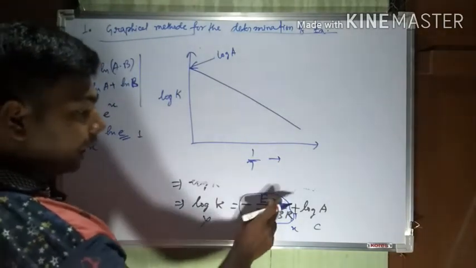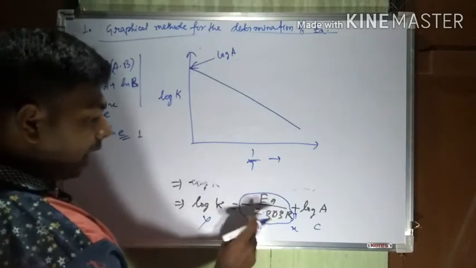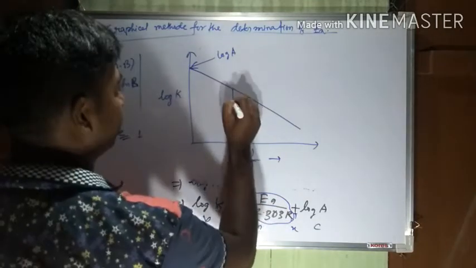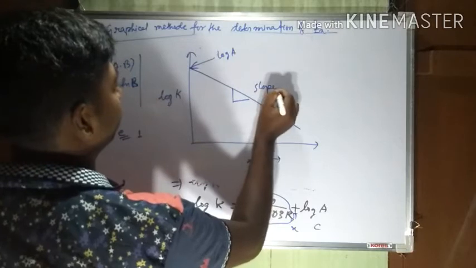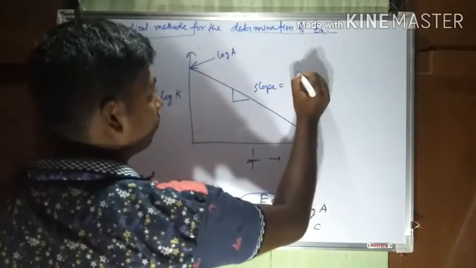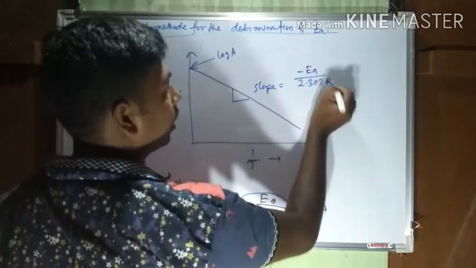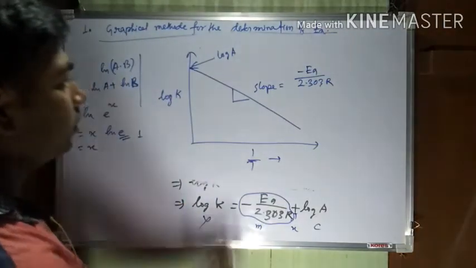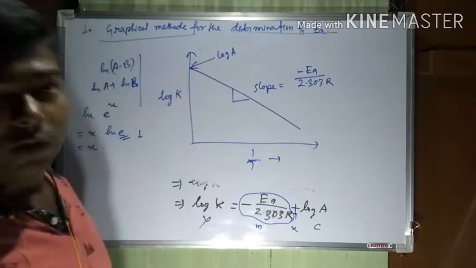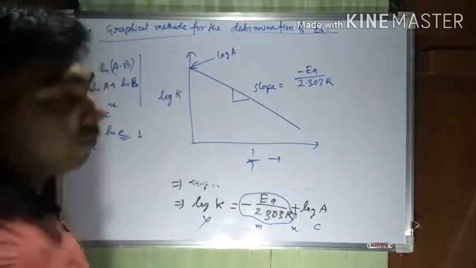The slope is minus EA, that means activation energy, by 2.303 R.